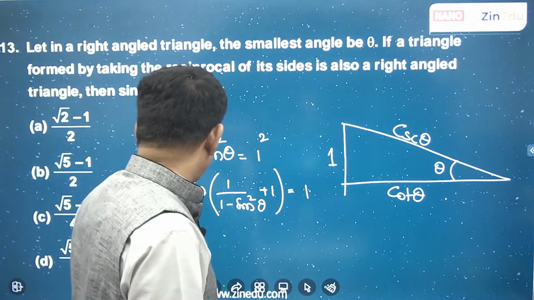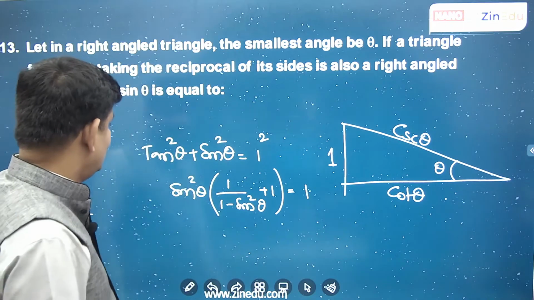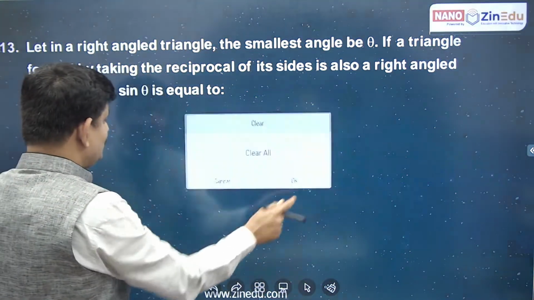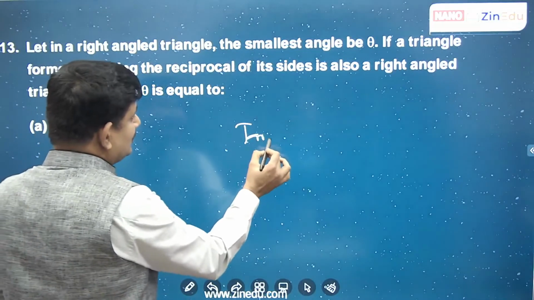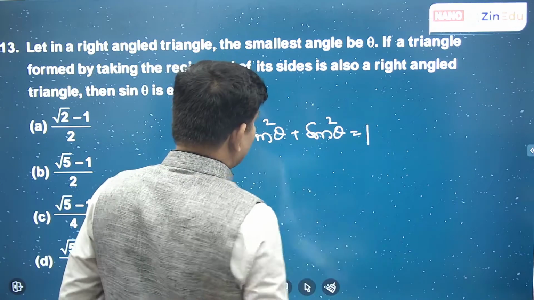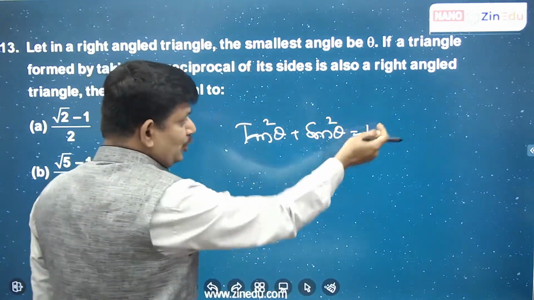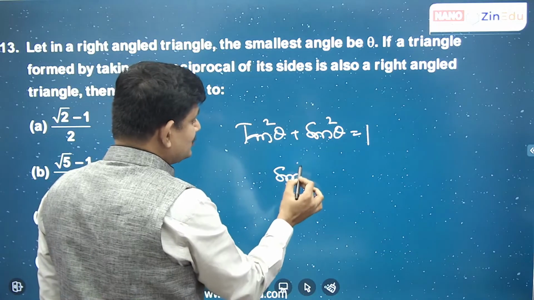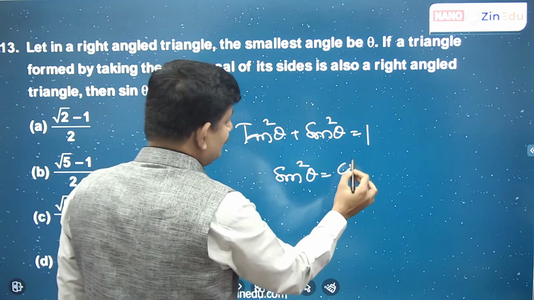So not at all a complicated question, it's a very simple question. Or you could have even simplified this with basic use of your trigonometry. Tan square theta plus sin square theta is equal to 1. Throw it to the other side, cos square theta. Sin square theta by cos square theta, you have sin square theta is equal to cos power 4 theta.